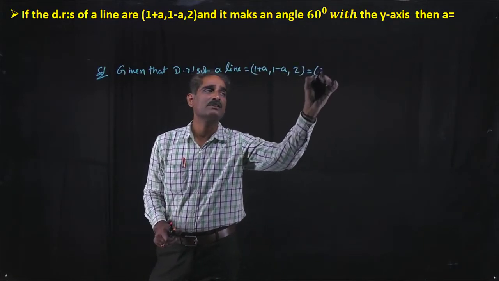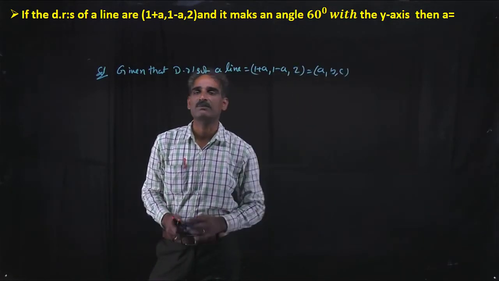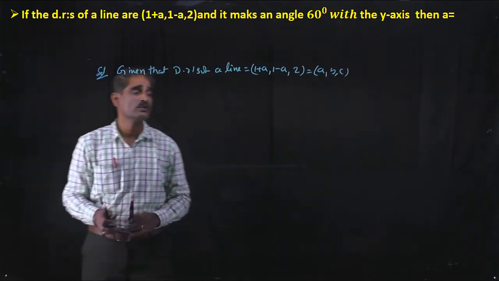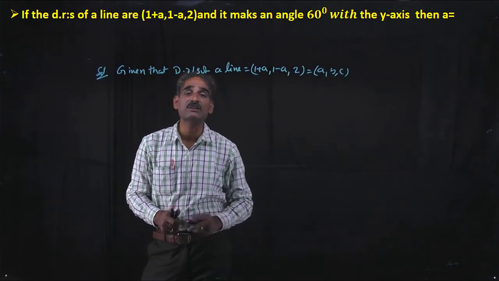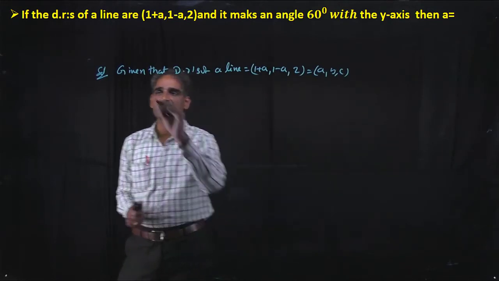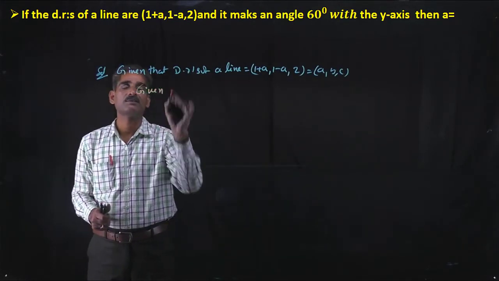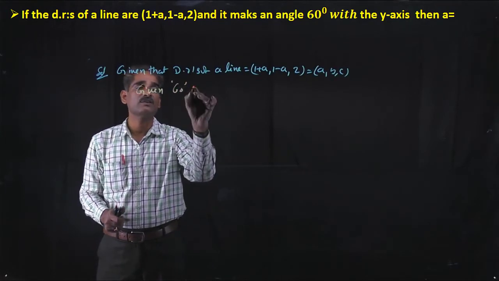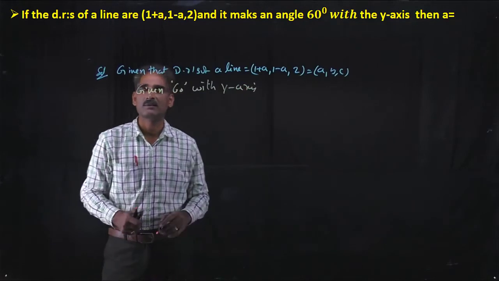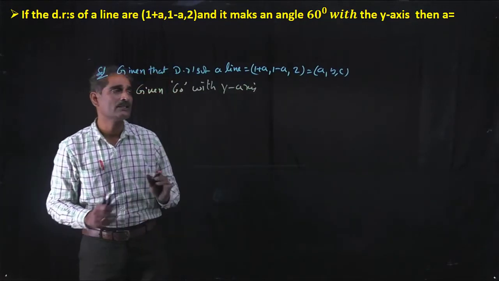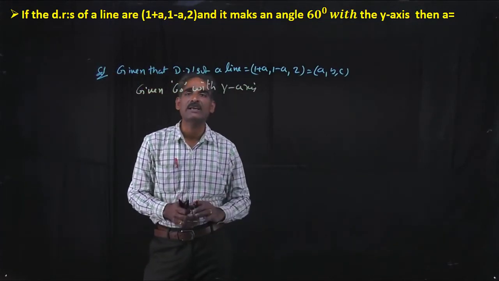Let us take this equal to a, b, c. We are given that this line makes 60 degrees with the y axis. So now we have to find out the a value.